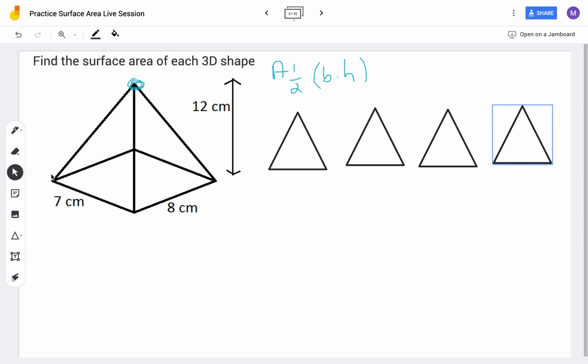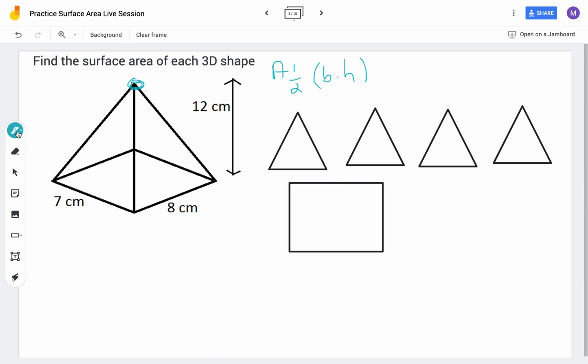Then how many rectangles do we have? Type in the chat box. 1. And we have our base. That's the bottom. So let's start with our triangles. So we have a base.